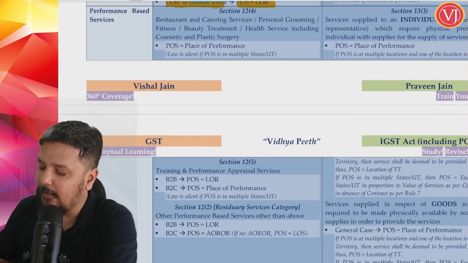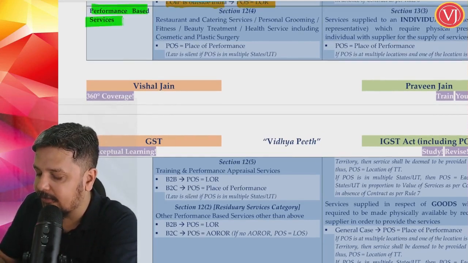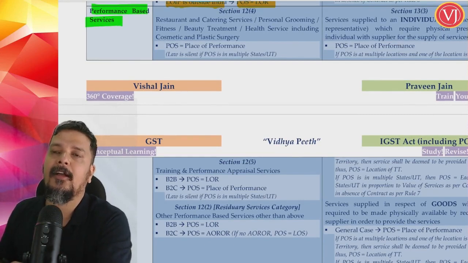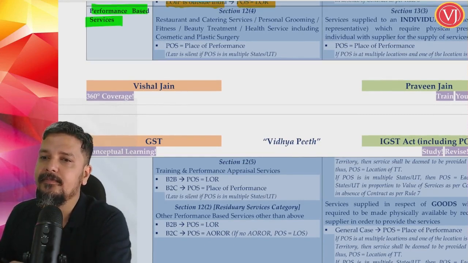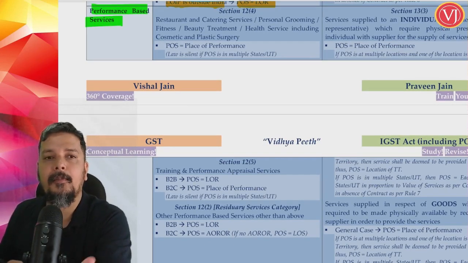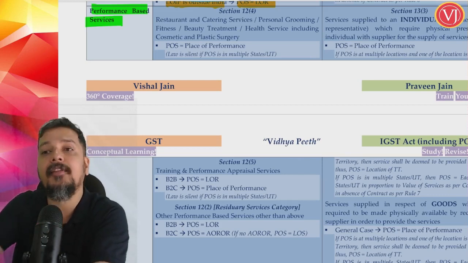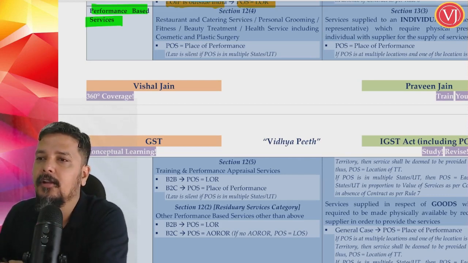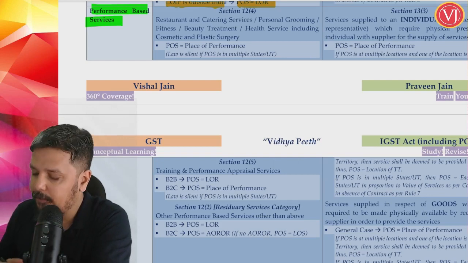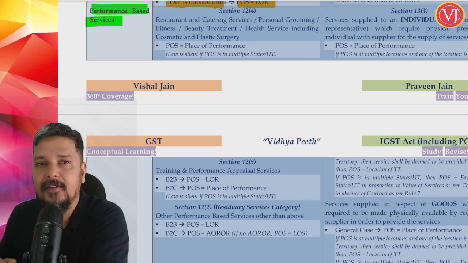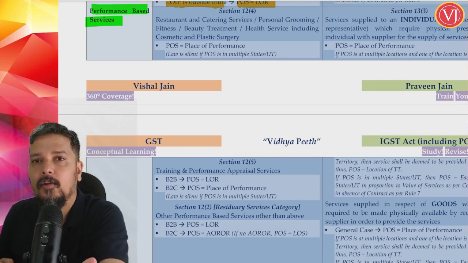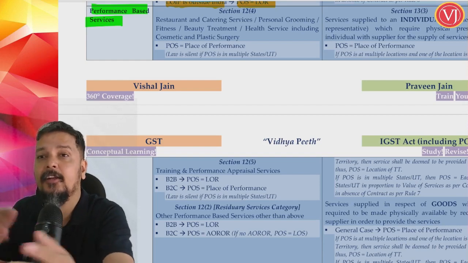Next is a scenario where you're talking about performance-based services. Now, what is performance-based services? You're going to perform something on the goods or on the person, individual. So, when you're talking about performance-based services, in section 12 they do specially mention two different places.